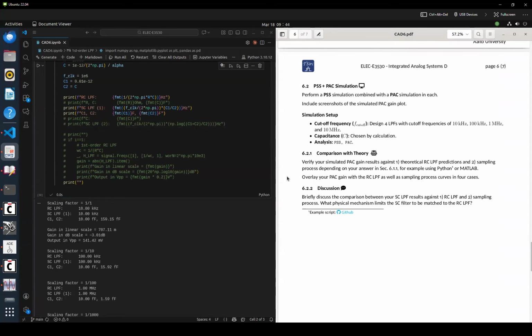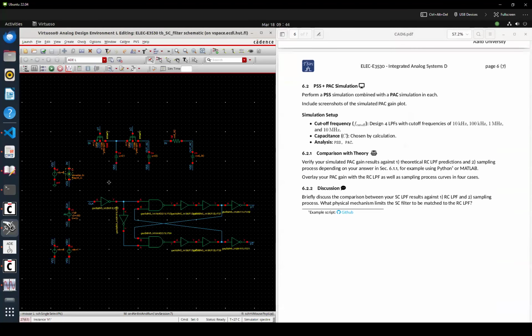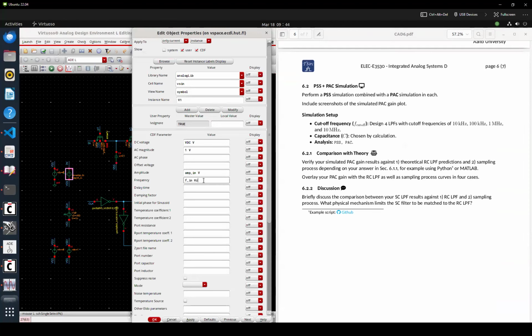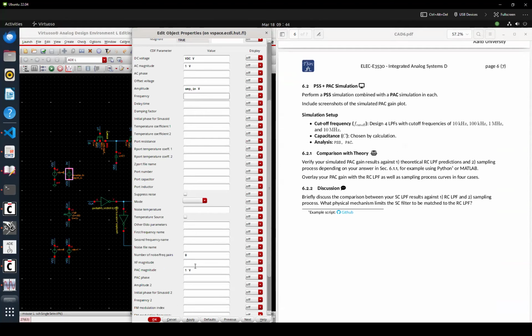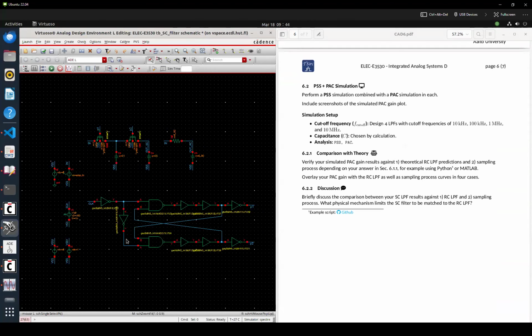So this is the last section, right? PSS and PAC, running it. So you need to remember to make sure there is no frequency component when you run PAC, and make sure there is a 1 assigned here, as the PAC magnitude.